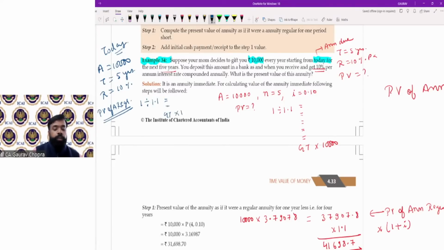After GT, multiply with 10,000. So you are getting 37,907.8. This is regular. Now for conversion into due, multiply with 1 plus I. After multiplying this, you are getting 41,698.7. So now everyone has understood.